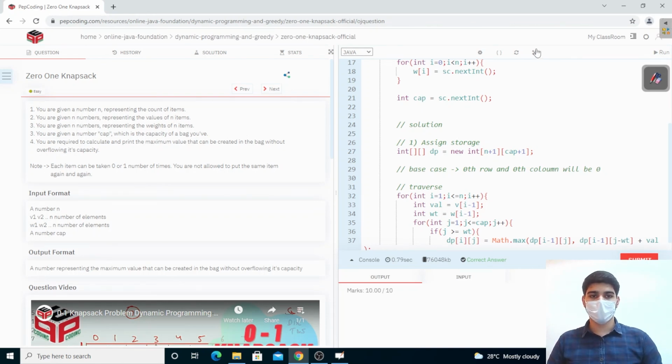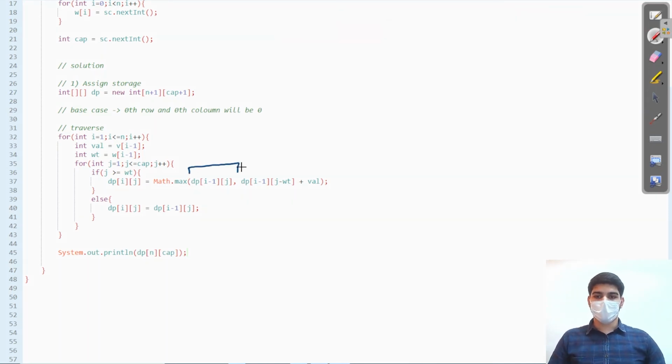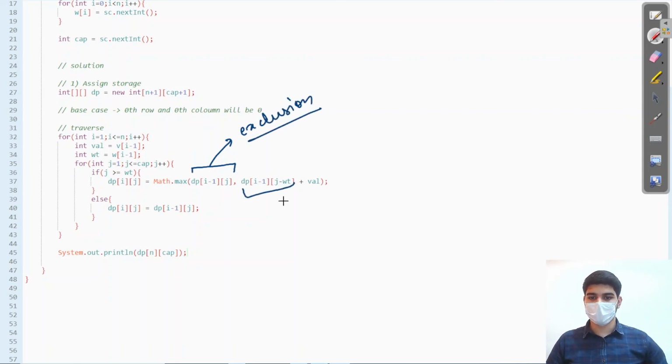So I hope you understood what we did over here. Go back and look at how we were including and excluding. Sorry, this is my exclusion. What we are doing over here is just checking the previous row for the same capacity. And this over here is my inclusion.